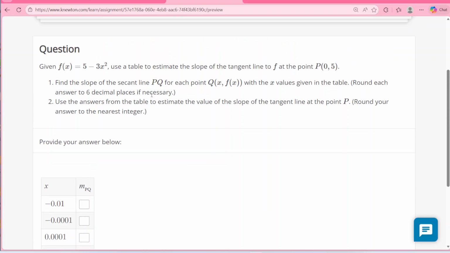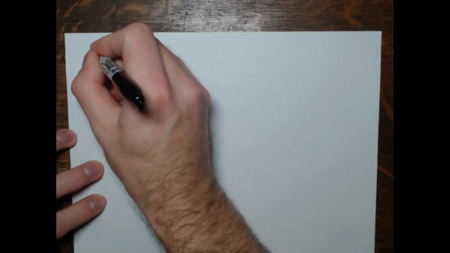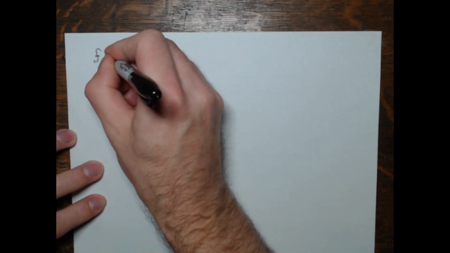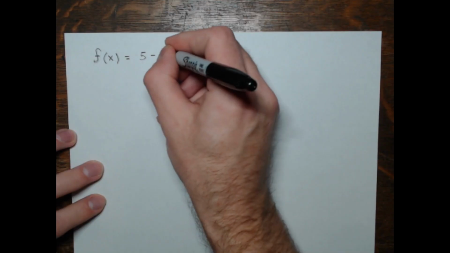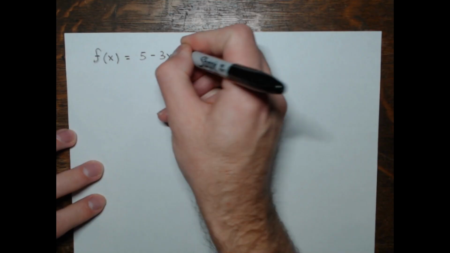So here's the picture. All right, again, our function. So here's the function we're given. It's 5 minus 3x squared. Once again, another quadratic, right?